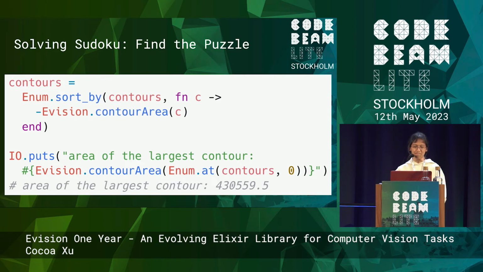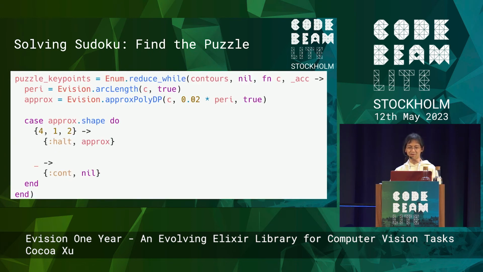And then we can sort by the area of those contours, because the assumption here is that for a Sudoku puzzle, if you upload this image here, then we assume that the puzzle is the largest contour in the image, or at least it should be among the first few contours when we sort that.